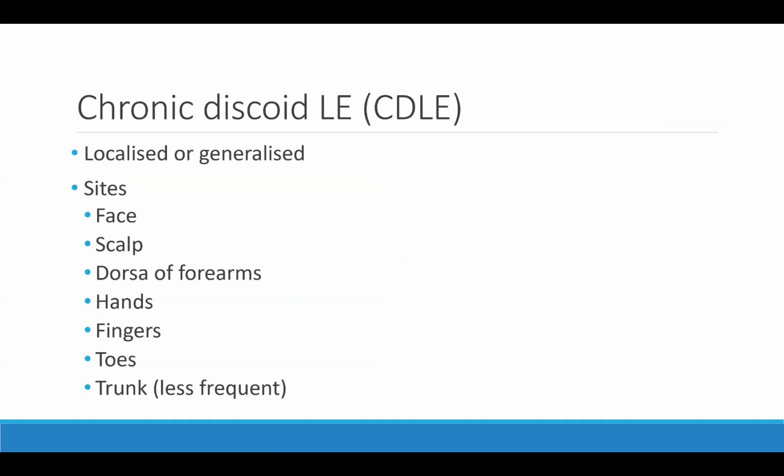Chronic discoid LE can be localized or generalized. Sites include face, scalp, dorsal of forearms, hands, fingers, toes, and less frequently on the trunk.